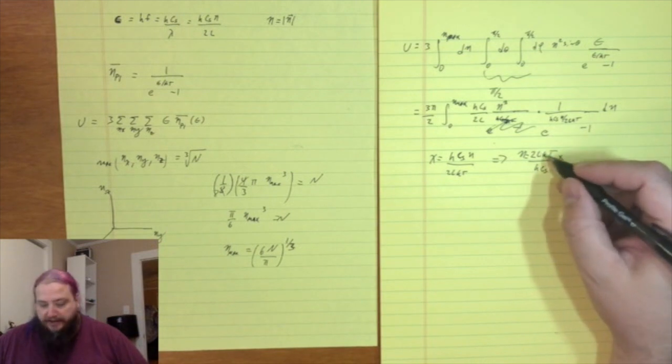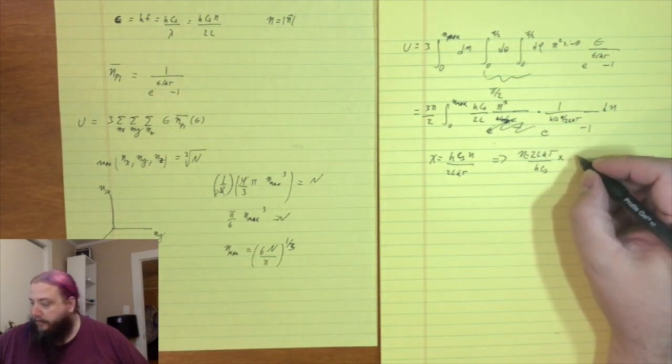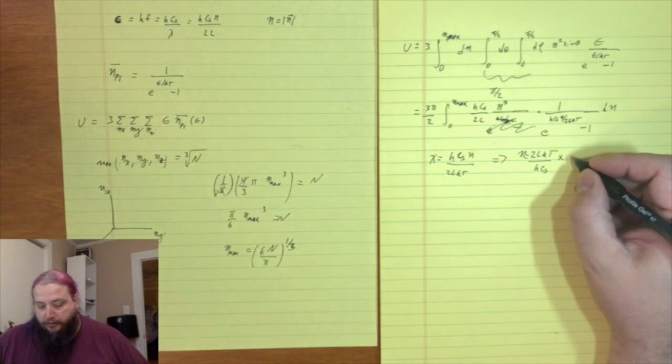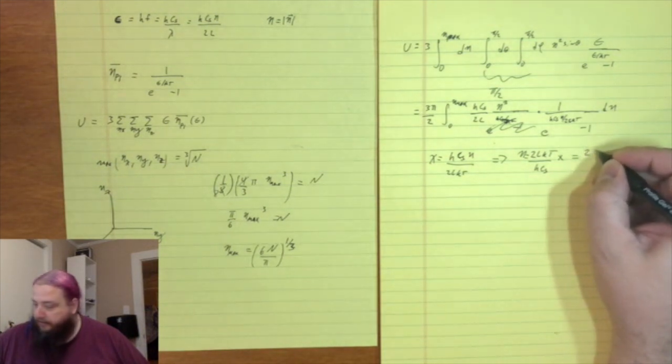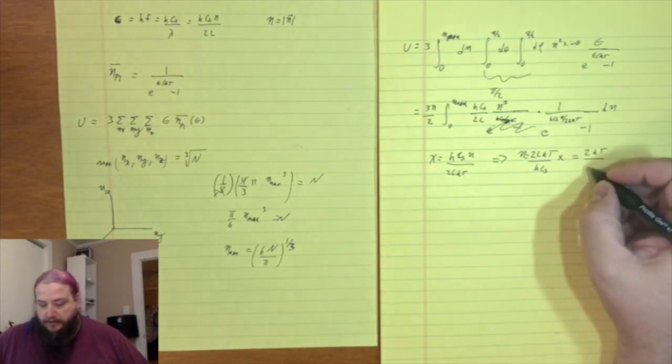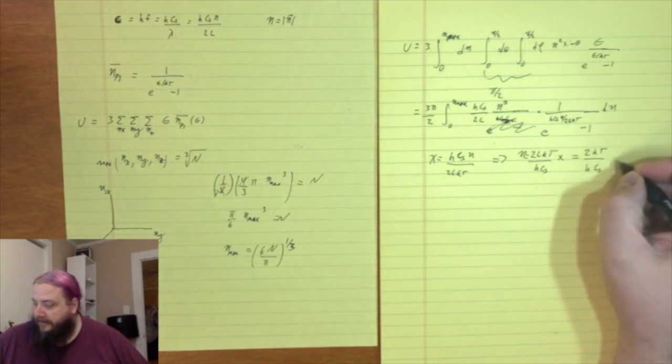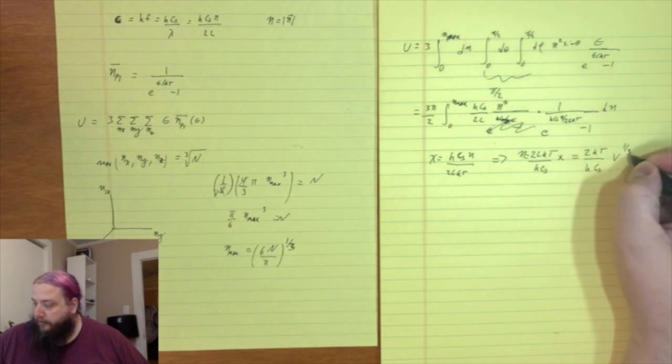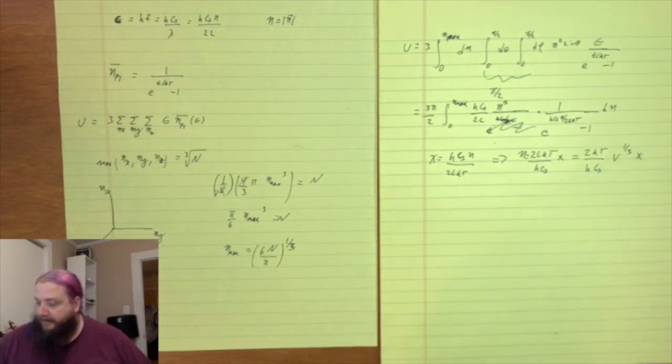And we can convert that L to the cube root of volume. So this is 2 kT over h c_s times the cube root of volume times x.